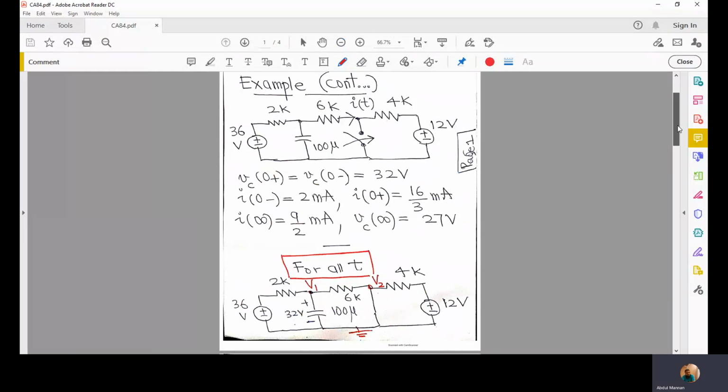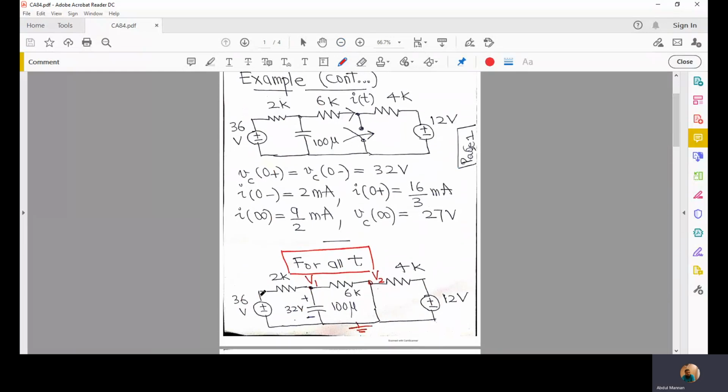To do that, we have to draw this circuit, and this capacitor is a 100 microfarad capacitor charged initially at 32 volts, and this branch is replaced with a short circuit because now the switch is closed.